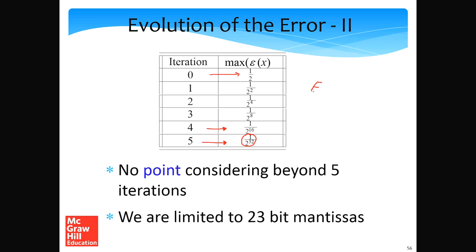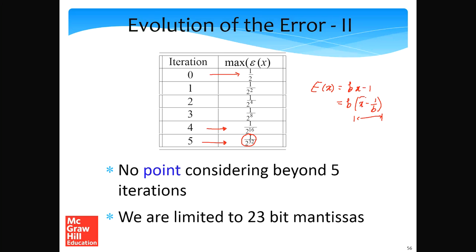So we had said that the error function e(x) is defined as bx minus 1, which is essentially b times x minus 1 by b. So x minus 1 by b is pretty much the distance between our current estimate of what the root is and the theoretical root. So this is our current estimate, that is x minus 1 by b.